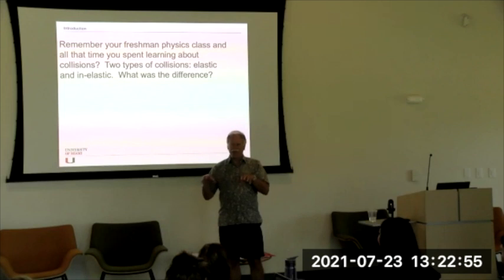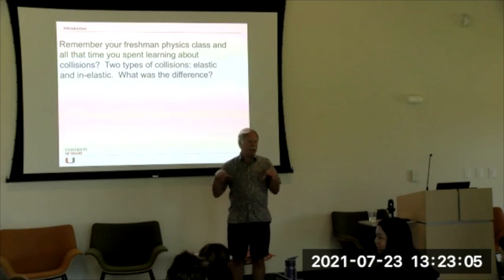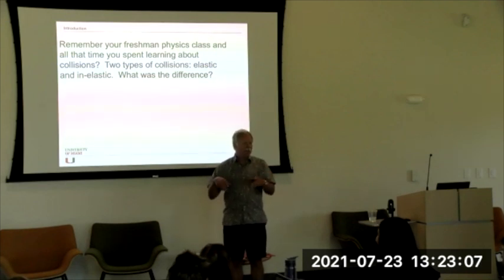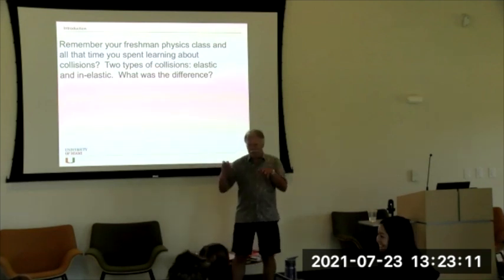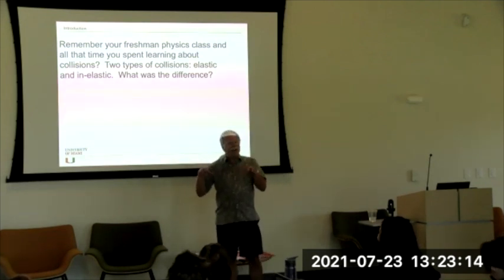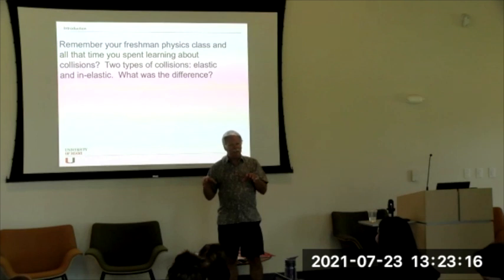What properties were conserved? Conservation is everything. So what properties were conserved in an elastic collision? Energy was conserved. Anything else? Momentum. Momentum is always conserved. So that's good. And energy as a whole is always conserved too, right?